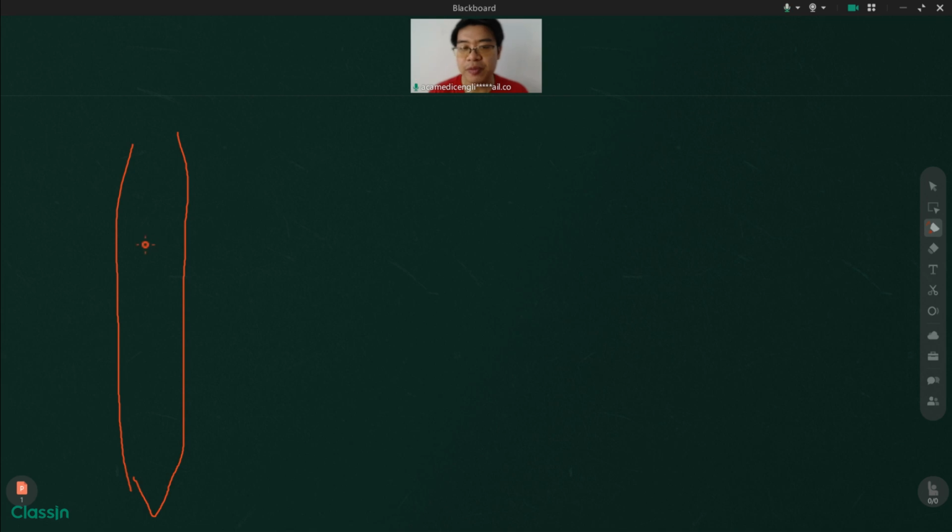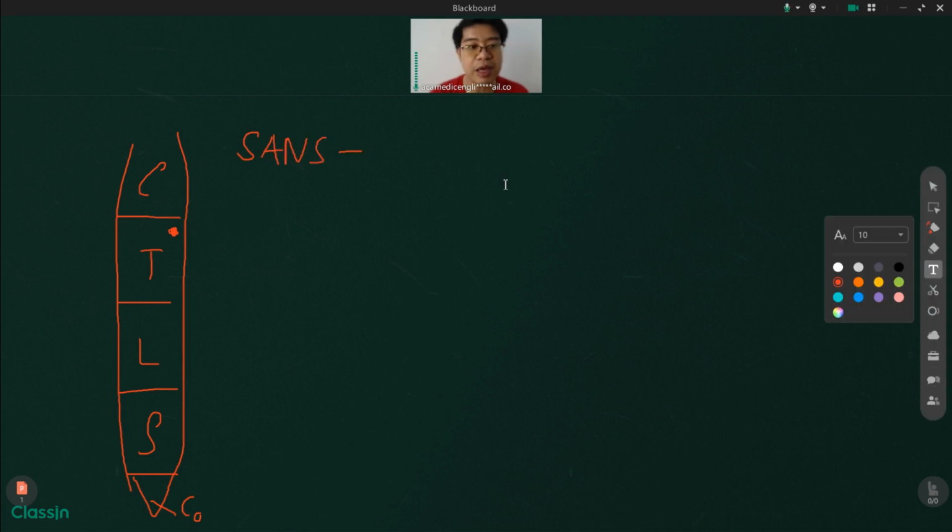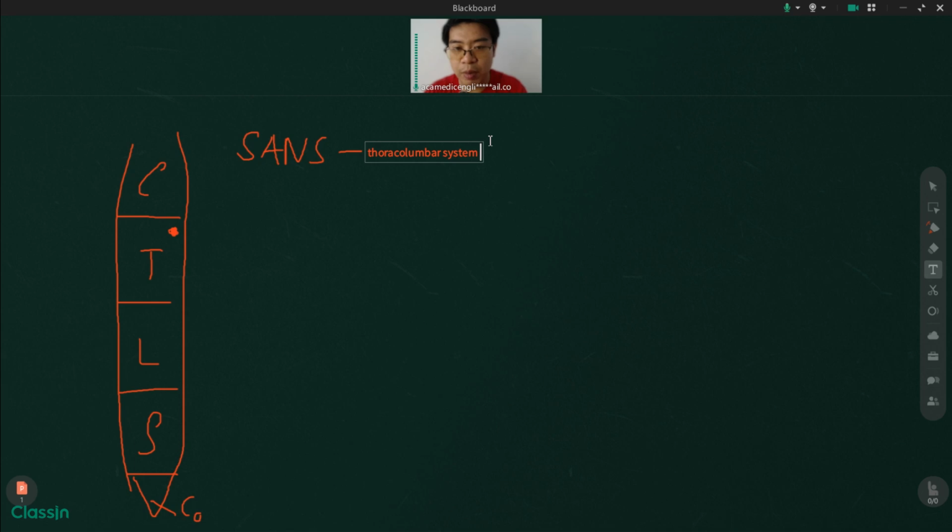Now the spinal cord will have a couple of segments, right? You have cervical segments, thoracic segments, lumbar segments, sacral segments, and then one coccygeal segment. From the thoracic segment, you have one neuron going out. Usually that is of the sympathetic nervous system, which is also called the thoracolumbar system.